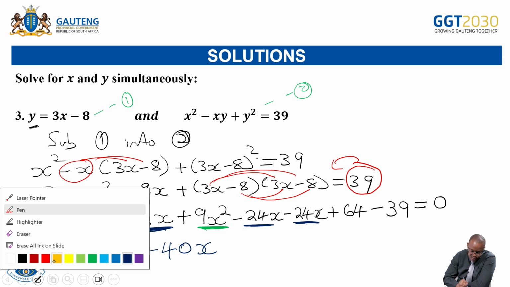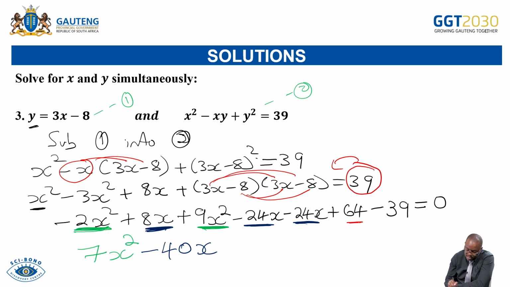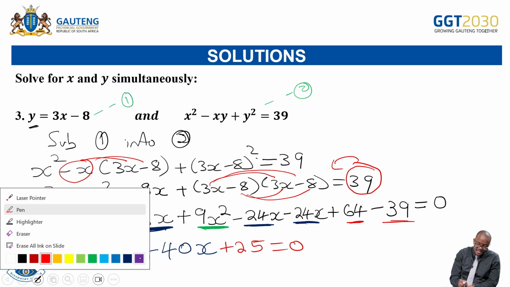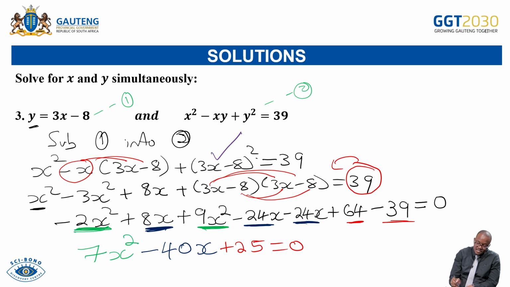Then you go to the last one where you have only 64 minus 39. If you say 64 minus 39, you are getting positive 25. It's equal to 0. So that will be our standard form. Remember, in this case, the only thing that will happen is that you are getting marks on the substitution and the standard form. Then we move forward now.